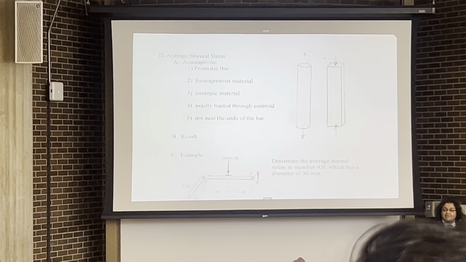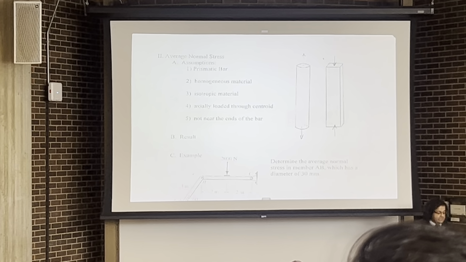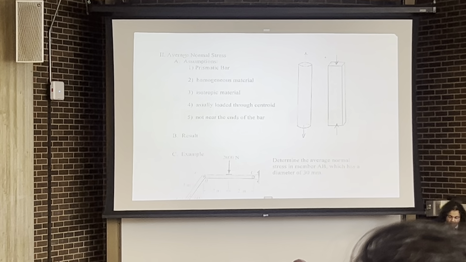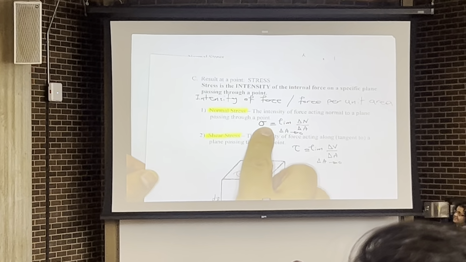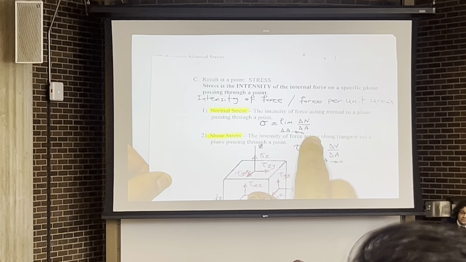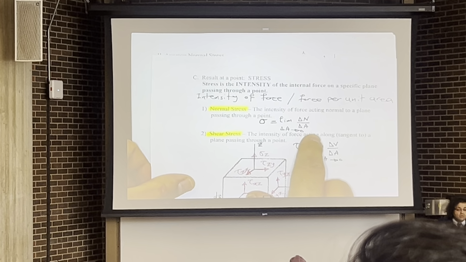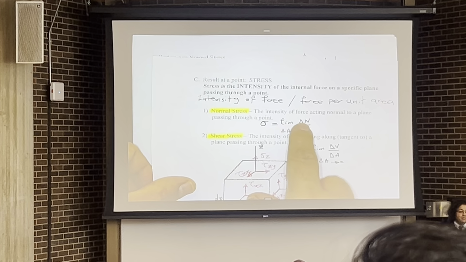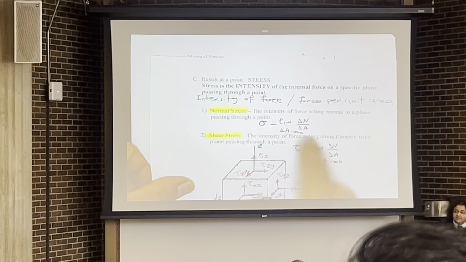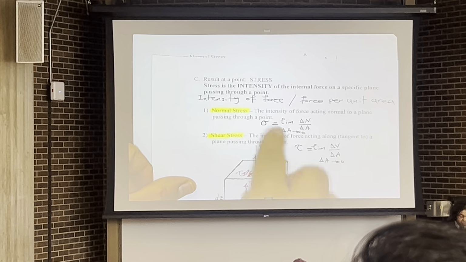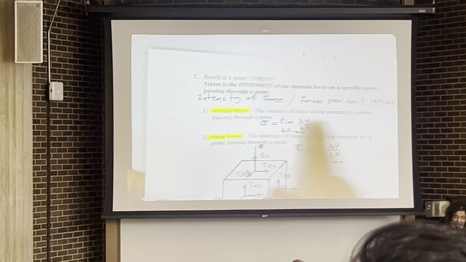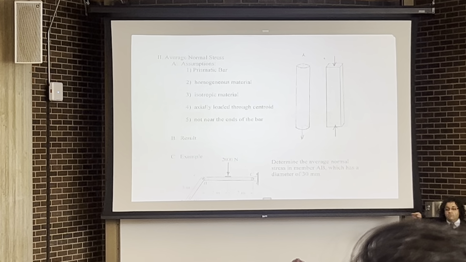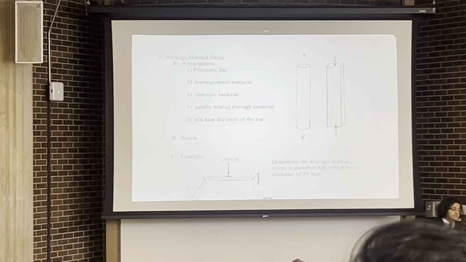But the question is, are we able to calculate that normal stress or not? Let's go back to the equation for normal stress. This is how the normal stress can be calculated. I mentioned that if we know how N varies with respect to the location of area, we can calculate this limit. But how about a case where the stresses are uniformly distributed across the cross section?